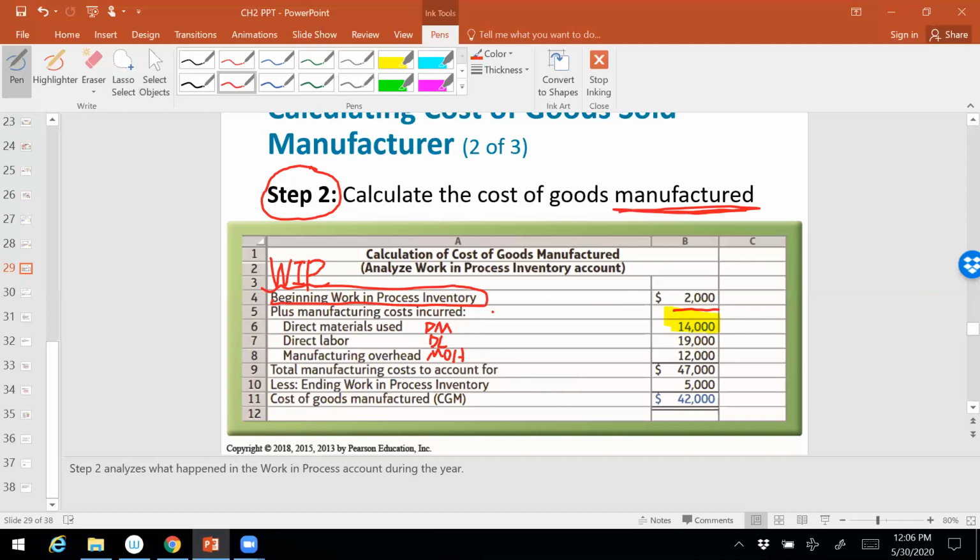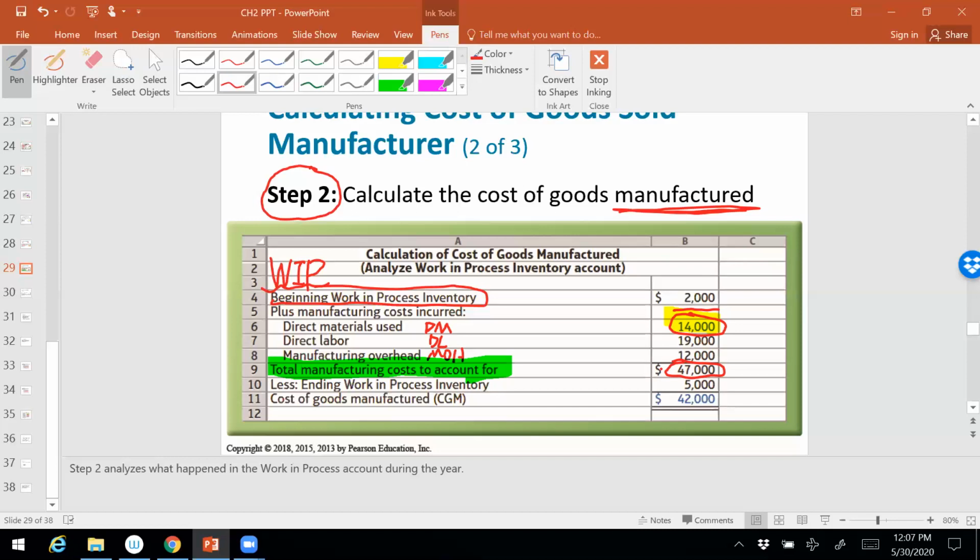Now we have direct material used of 14,000 from the previous step. The question will tell you direct labor and manufacturing overhead. So your beginning work in process plus the manufacturing cost incurred gives you the total manufacturing cost to account for, which is 47,000. Okay, are all of them finished goods?